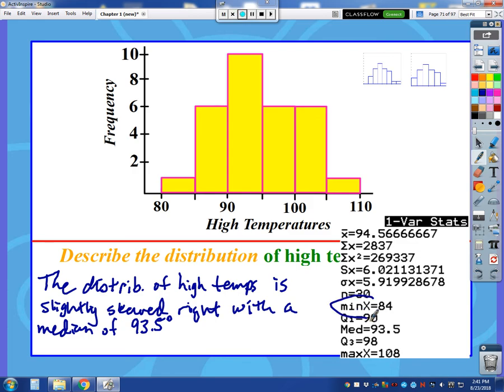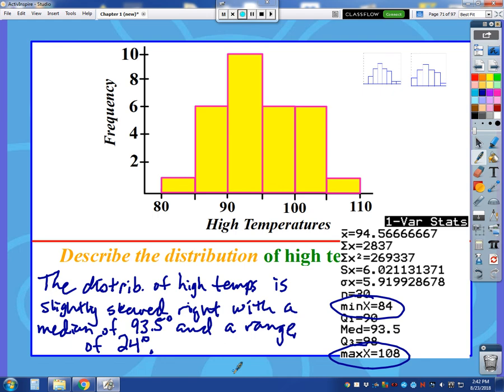So range is going to be the max minus the min. So 108 minus 84 is going to give me what? 24? So with a median of 93.5 degrees and a range of 24 degrees, there's a description of my high temperature distribution.